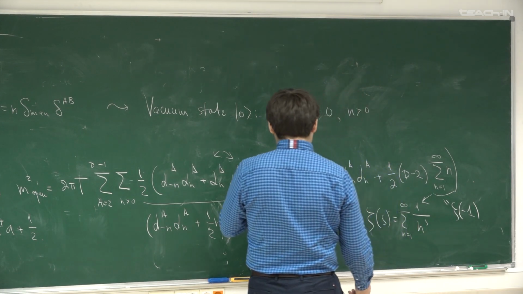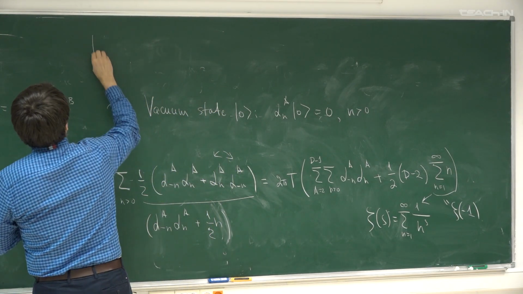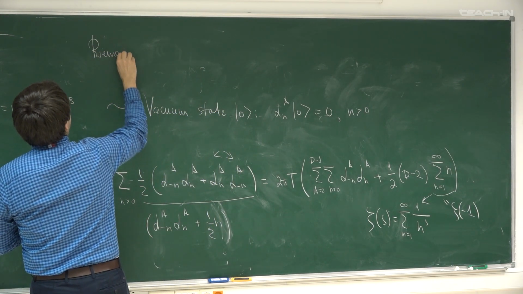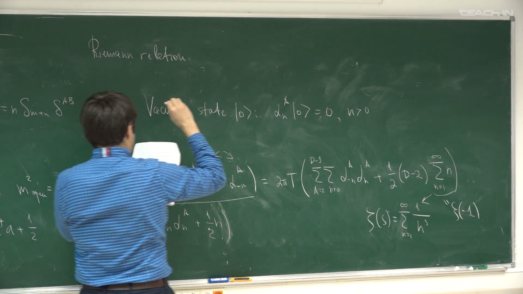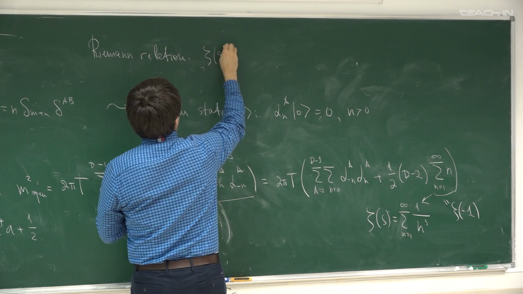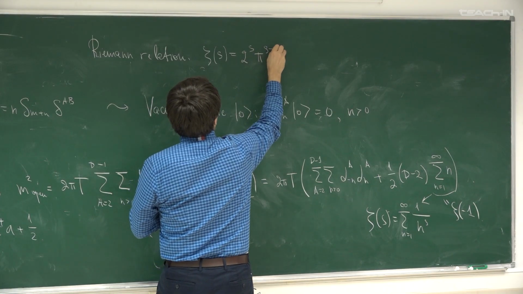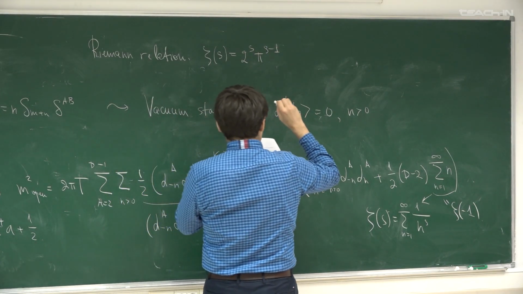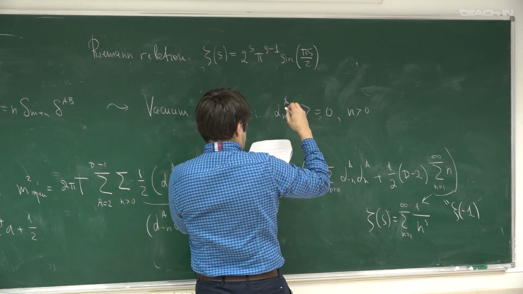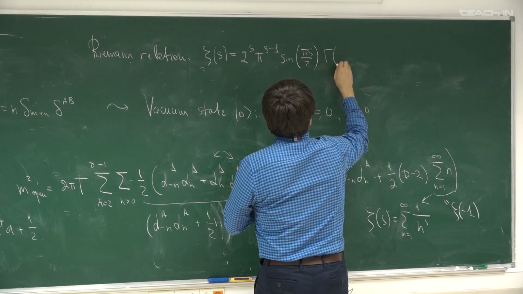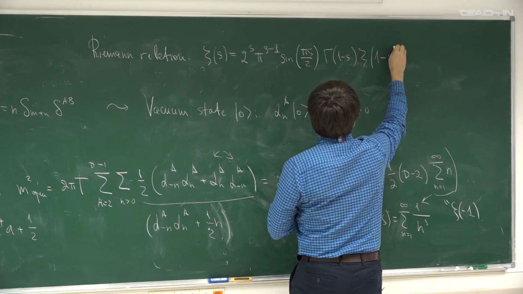And well, technically, you just use the so-called Riemann relation to analytically continue, which is zeta of s equals 2 to the s pi to the s minus 1 times gamma of 1 minus s times zeta of 1 minus s.